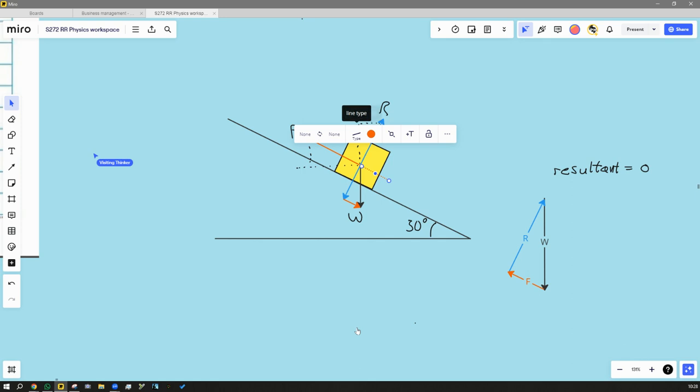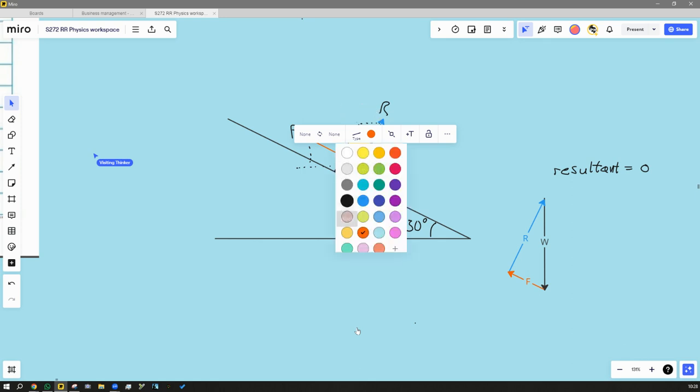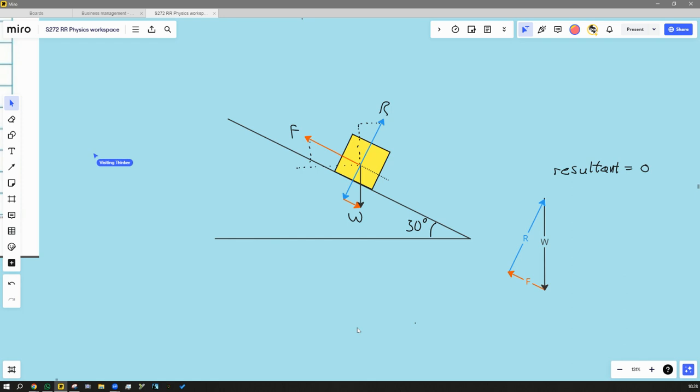We're just drawing some dotted lines to make sense of stuff. Let's do black. So we know that all this is going to add up to 90 degrees. And what else do we know? We can see by angles on parallel lines that this is going to be 30 degrees.